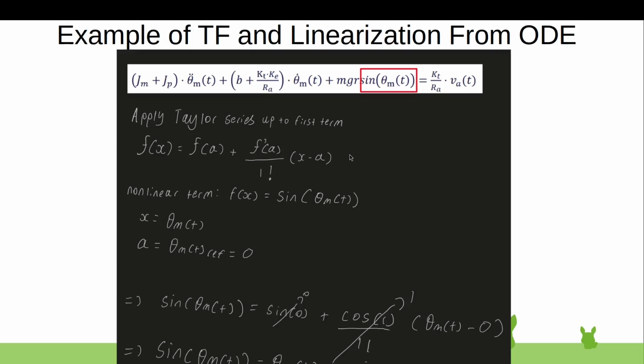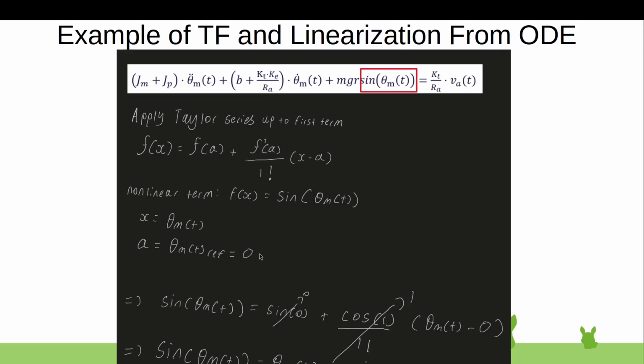So the nonlinear term, we would equate f(x) to sine theta(t), and x itself would be theta(t). And a, although I put here ref, essentially means where would we want our system to work around? The a should be the most ideal point at which you want your system to be.